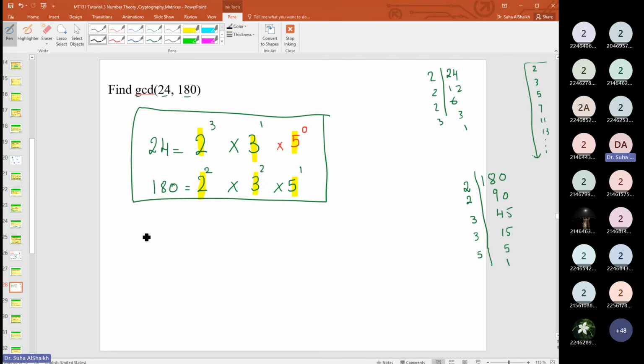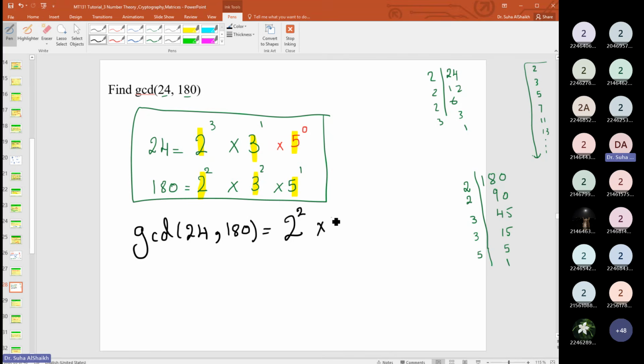Now what will be the GCD between the two numbers? Sorry, it's the GCD between 24 and 180. It is 2 to the minimum power of the 2. What is the minimum power of the 2? It is 2 power 2.